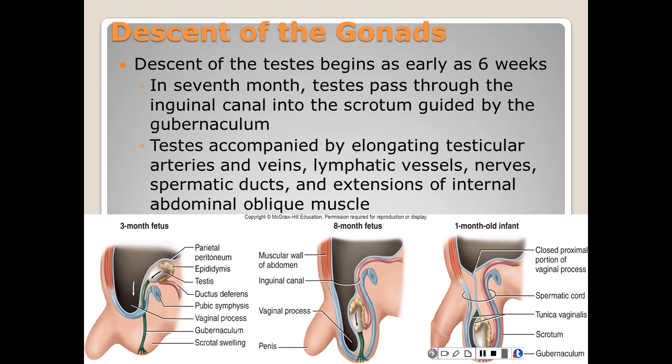The vaginal process becomes separated from the peritoneal cavity to persist as the tunica vaginalis, and that's enfolding the anterior and the lateral sides of the testes.